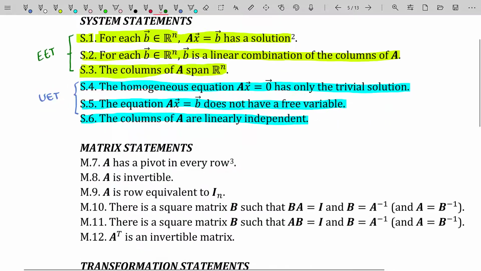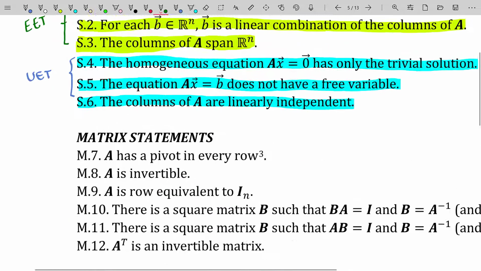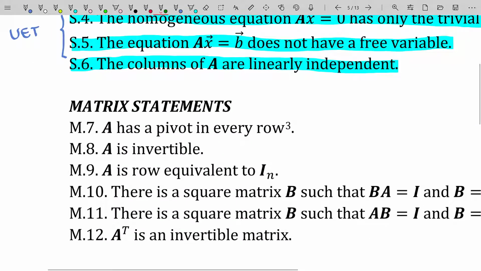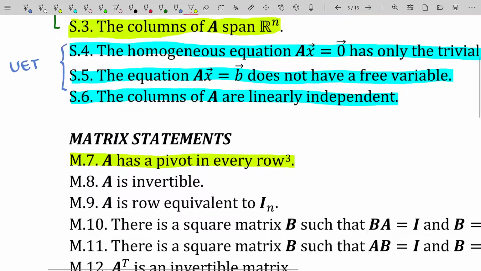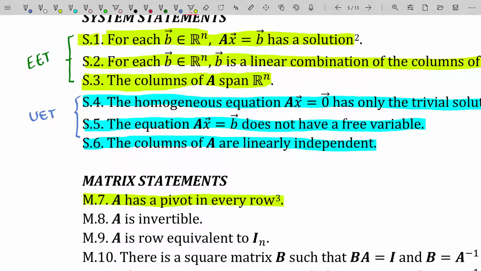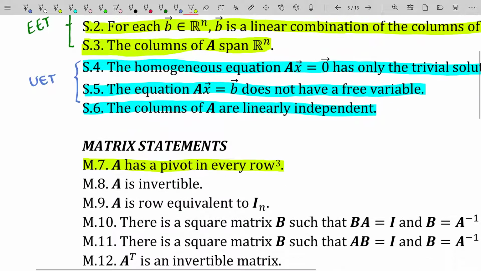Now let's talk about the matrix statements here. All of those highlighted statements above we've had in the past. A has a pivot in every row. I highlighted that in yellow because, you guessed it, it's part of the existence equivalence theorem. By the way, there is a footnote there.